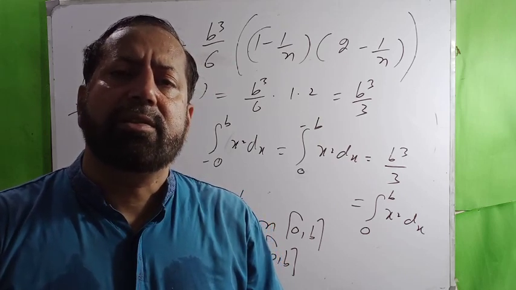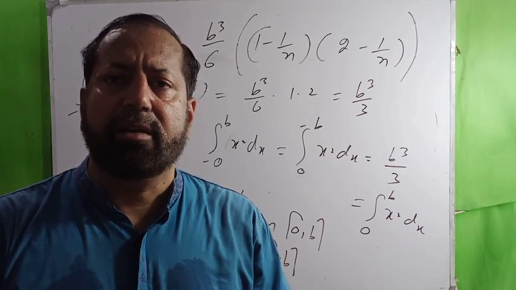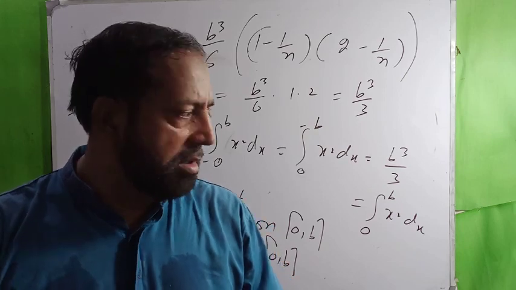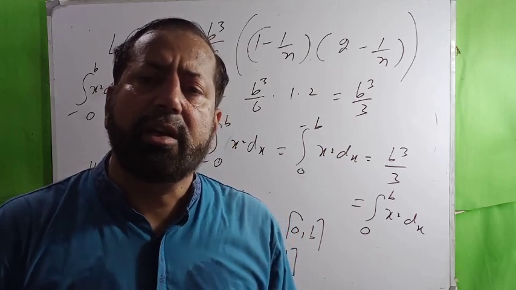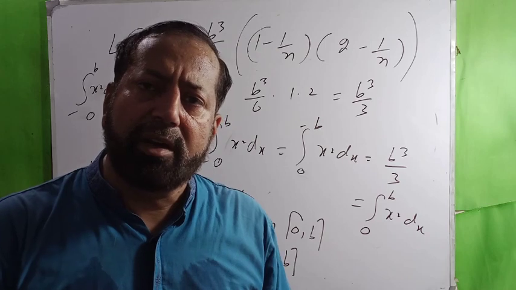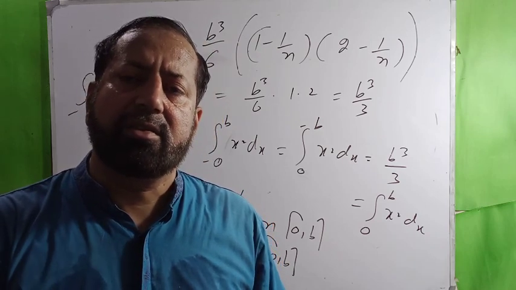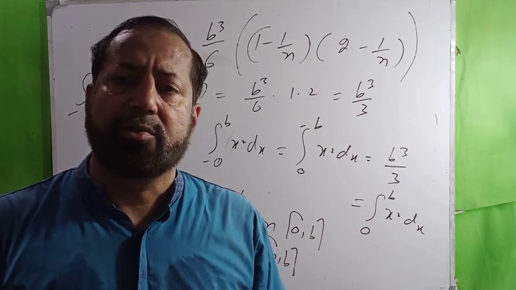These are very simple examples, and with the help of the Riemann integral we can find their lower integrals and upper integrals, and we are finding that both are equal. That's why all these functions are Riemann integrable on the closed interval [a, b], because these are all bounded on the closed interval [a, b].